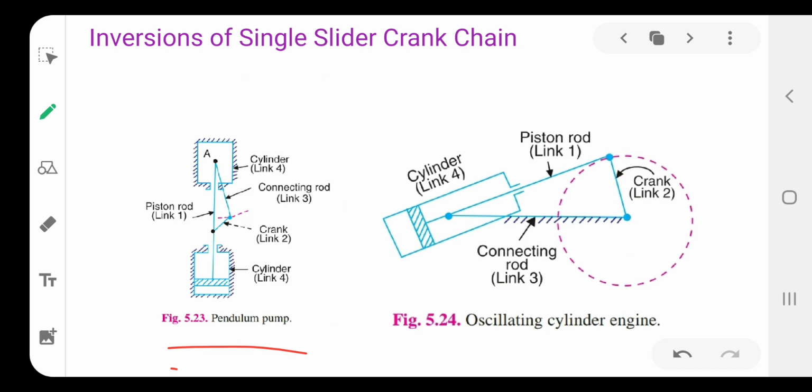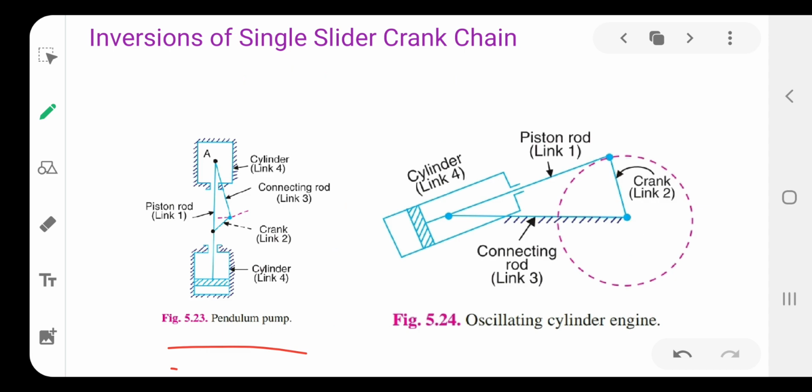Link number 3 is the connecting rod, and link number 1 is the piston rod. Okay, as the crank rotates clockwise and anti-clockwise, the piston rod also moves forward and backward. Okay, so this is a particular mechanism of single slider crank chain inversion.